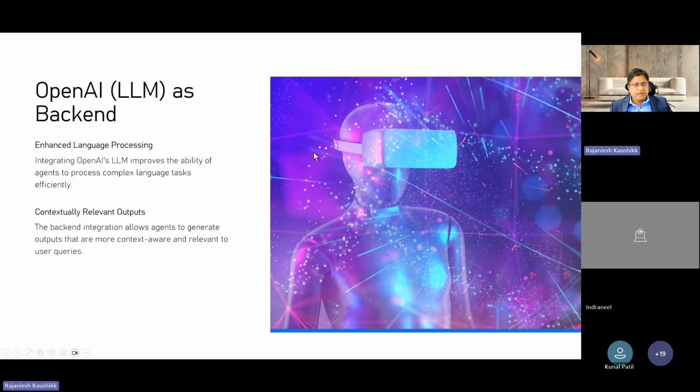In this case, we are taking OpenAI as the LLM, and this is very important because the integration of the backend enhances the capability of the agent, allowing it to process language tasks very easily. So this is a very critical backend, and it also helps make it contextually aware.